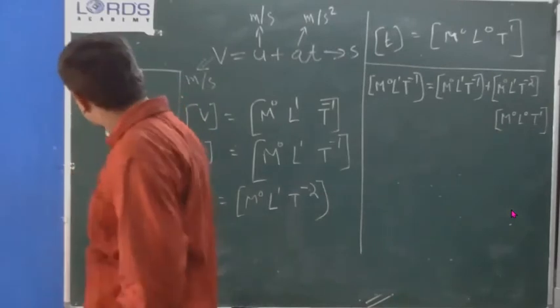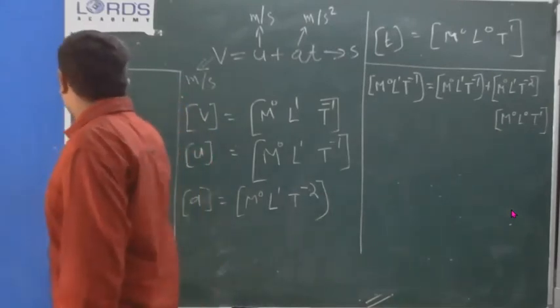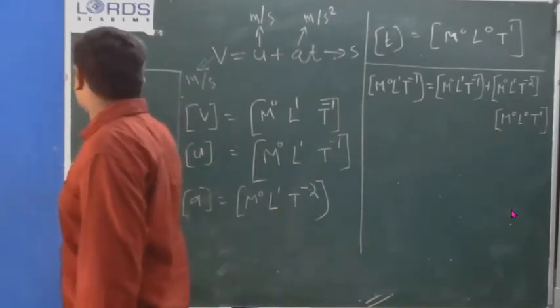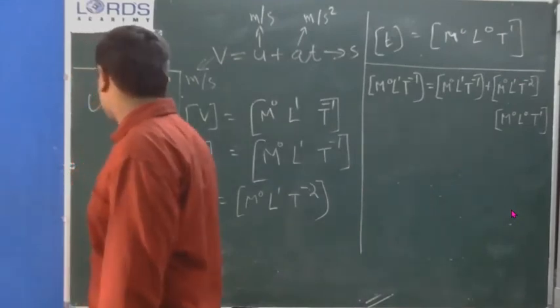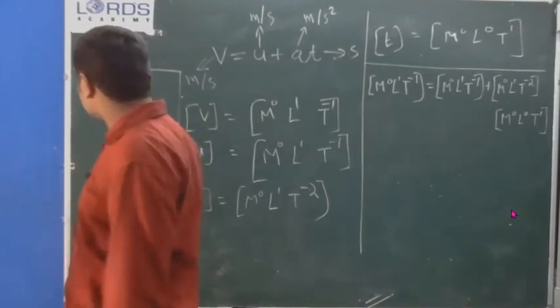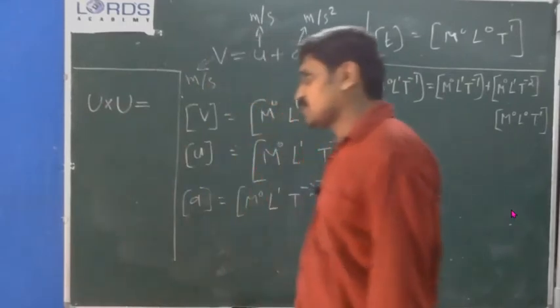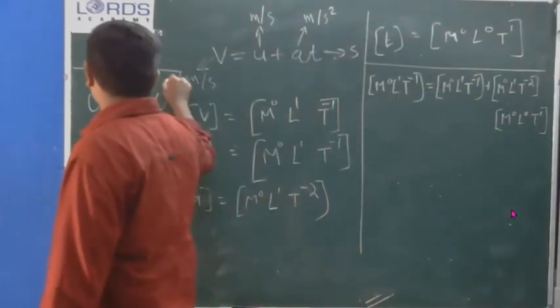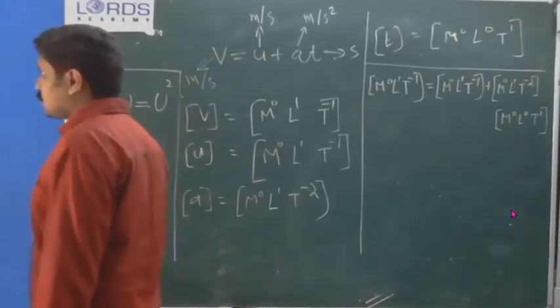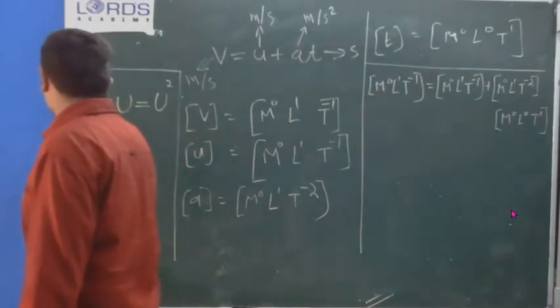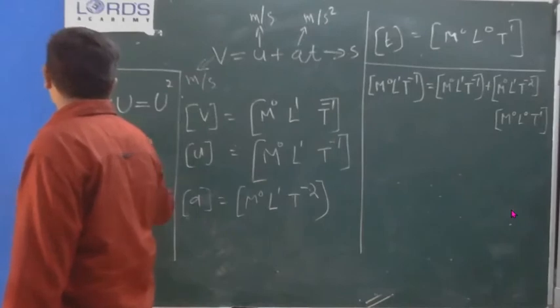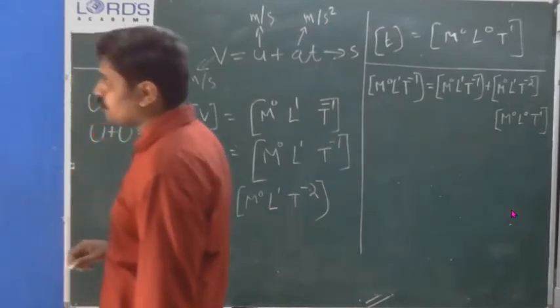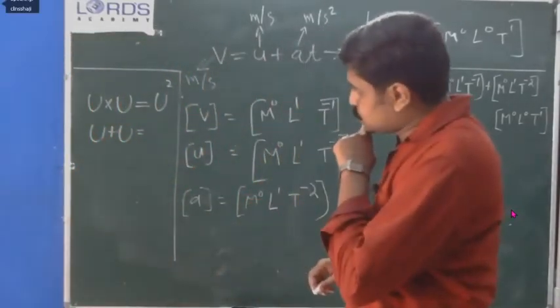See, U into U. Friends, what's the answer? U and U. U square. Then U plus U. 2U.